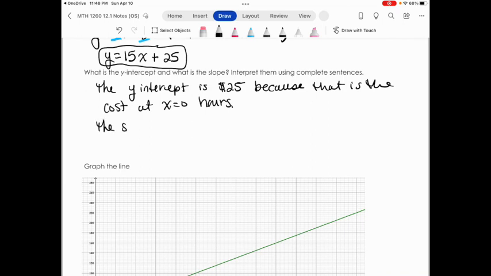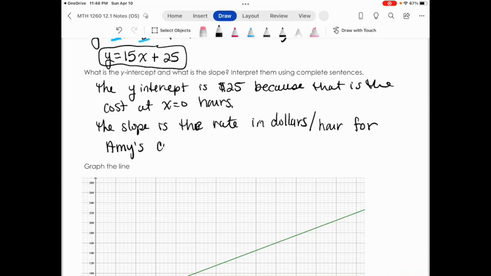Now the slope is the rate in dollars per hour for Amy's cost to get tutored.